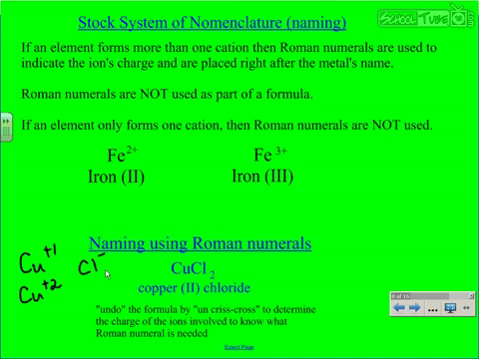Is it copper plus 1? Or is it copper plus 2? It's copper plus 2. So the copper 2 ion is the one that is bonded with the chlorine. So then we write the name as copper plus 2 chloride.